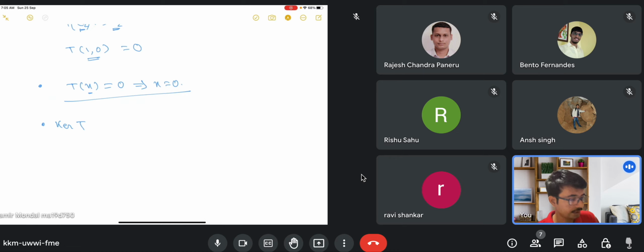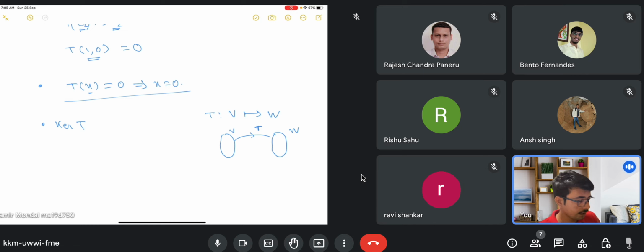The kernel of T. Your T is a map from V to W. This is your set V, this is your set W. Right now I want to define this class.